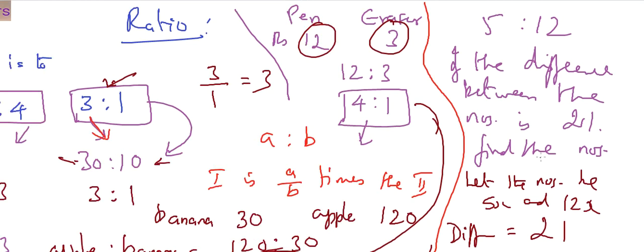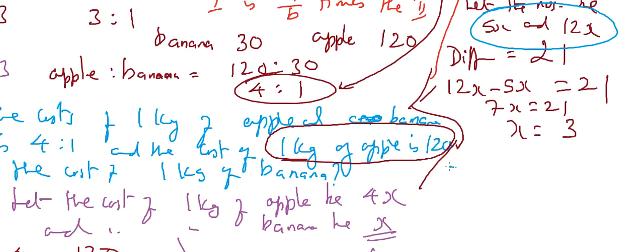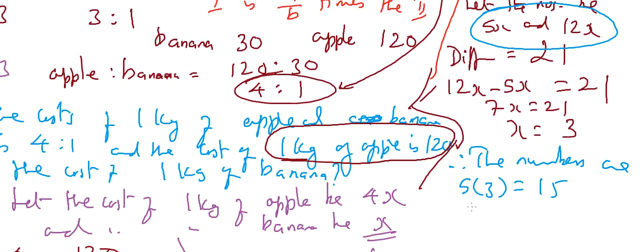What are the two numbers here? We have taken the numbers to be 5x and 12x. So therefore the numbers are 5x, 5 into 3, 15, and the other number is 12x, 12 into 3, 36.